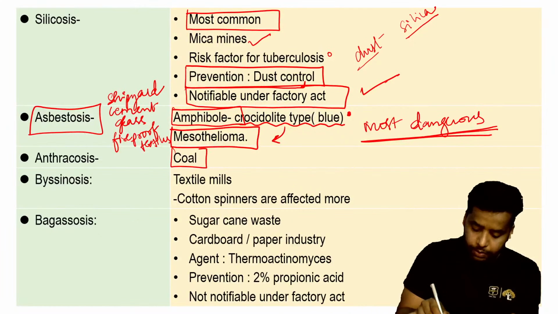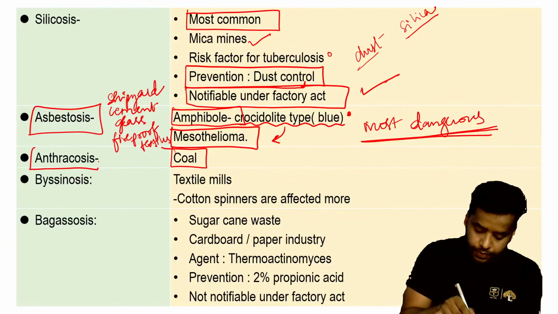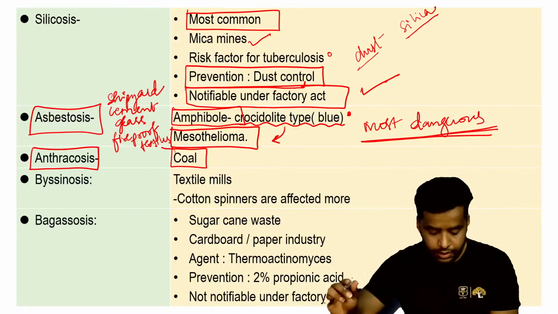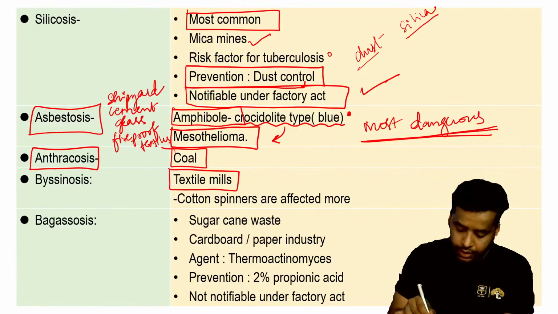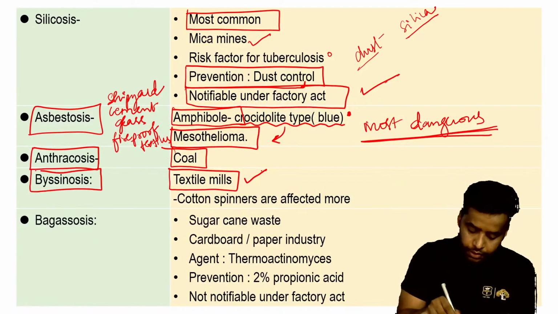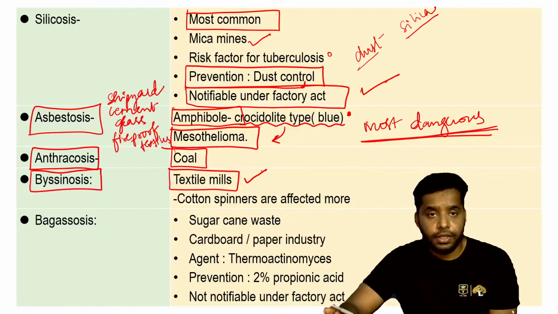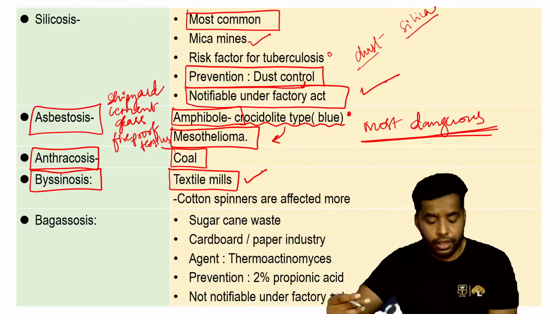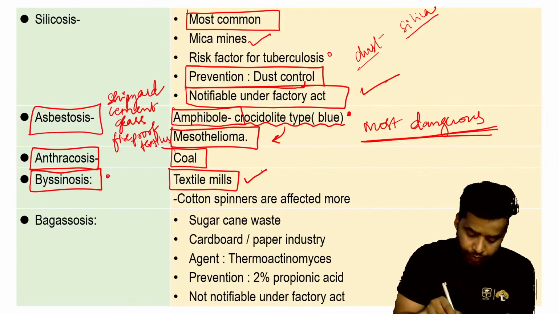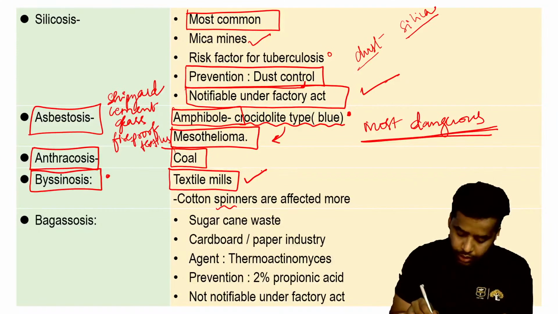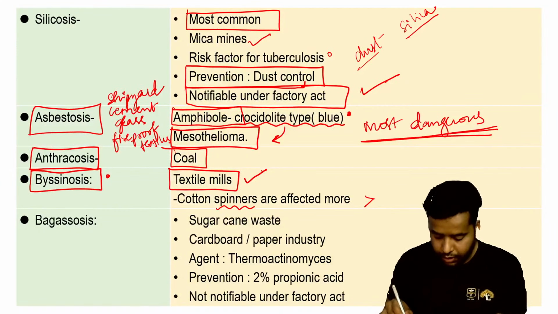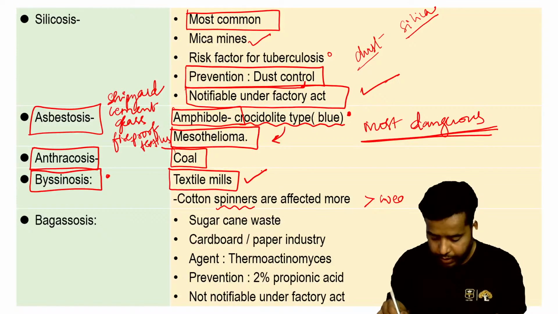Coal miners: anthracosis. Cotton mills, textile mills, exposure to cotton dust: byssinosis. So who are affected more, cotton spinners or weavers? Cotton spinners are affected more compared to weavers.